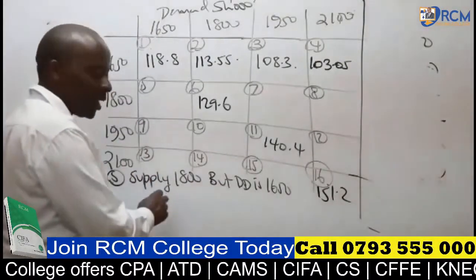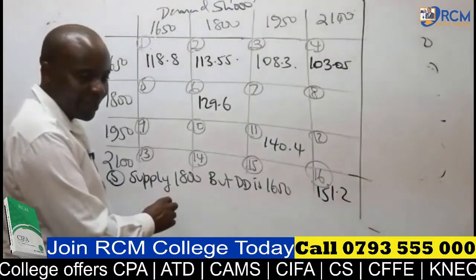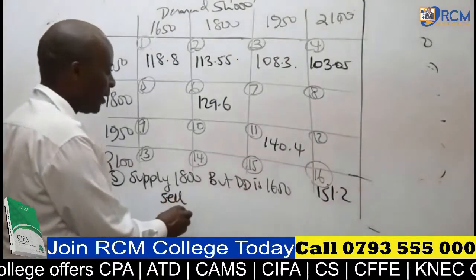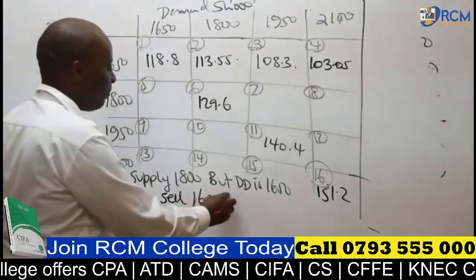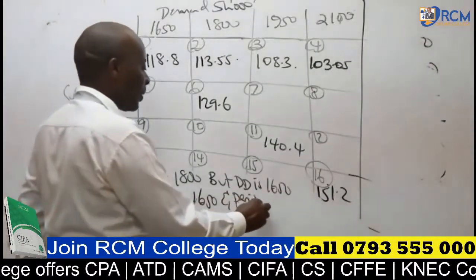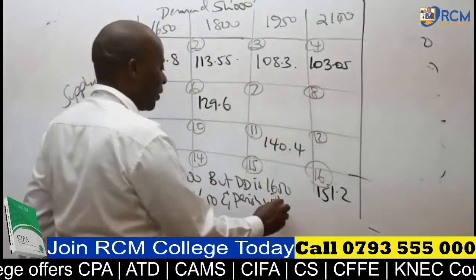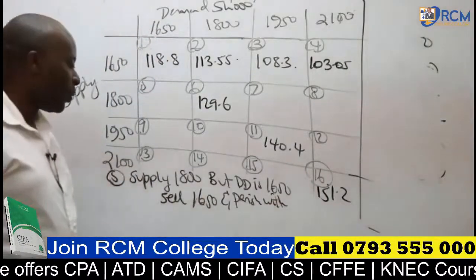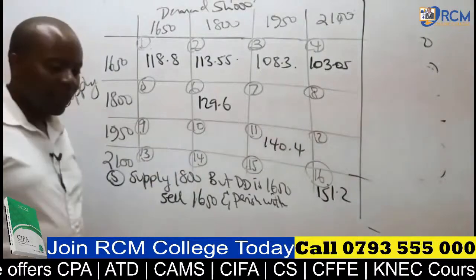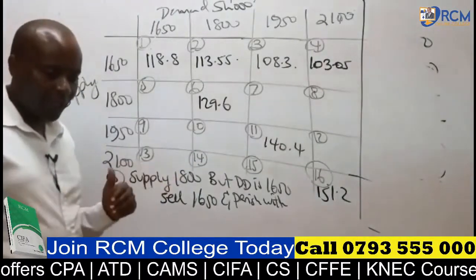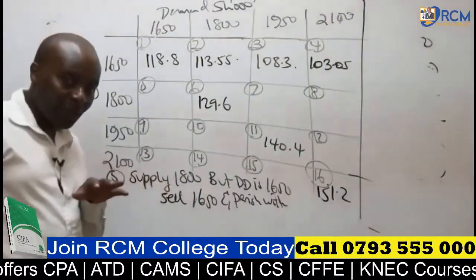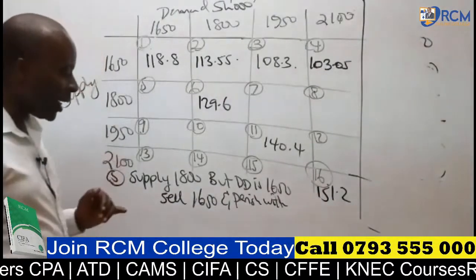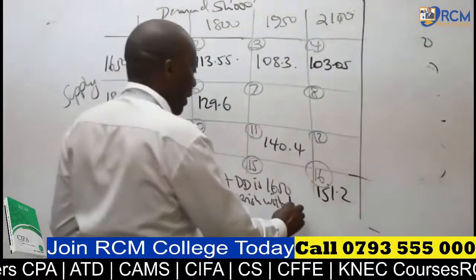So sell the lower, sell 1650. And perish with how many? Here we had supplied 1800, but demand is 1650. So I can see myself having some excess quantities without customers to buy. So you're going to perish with 150.